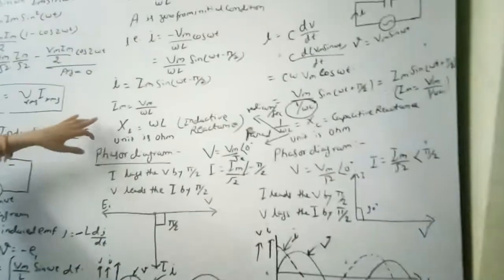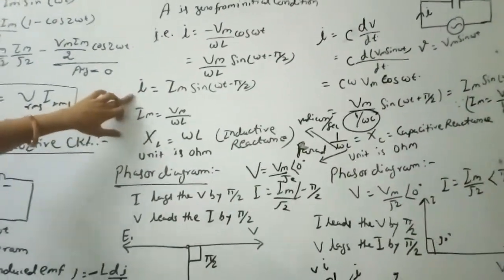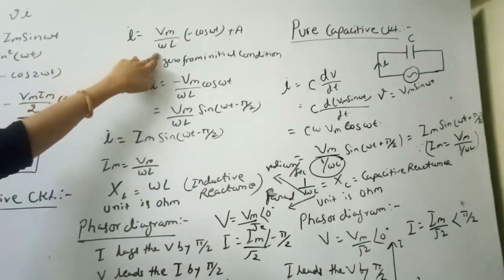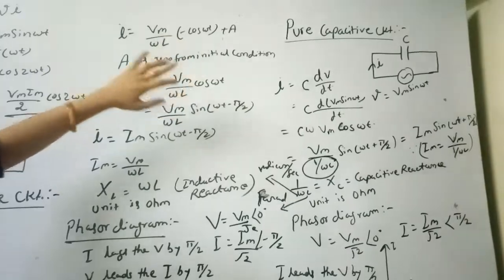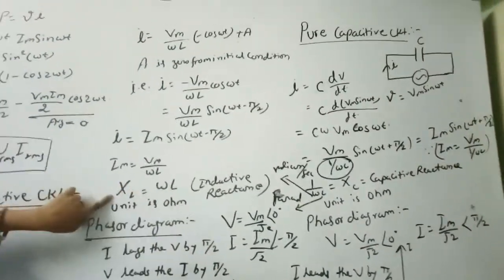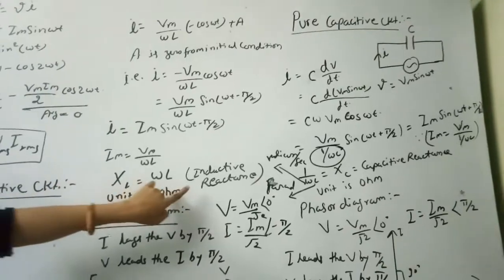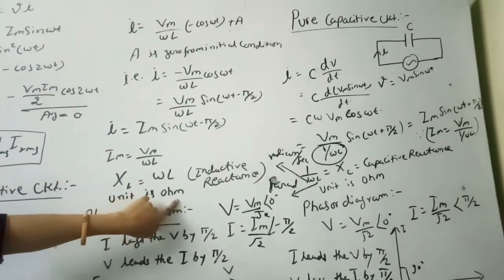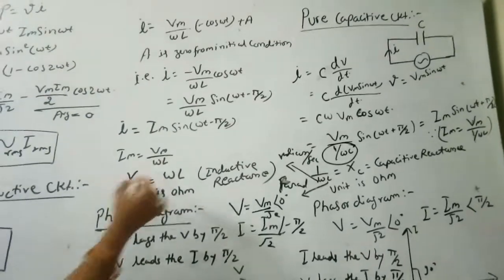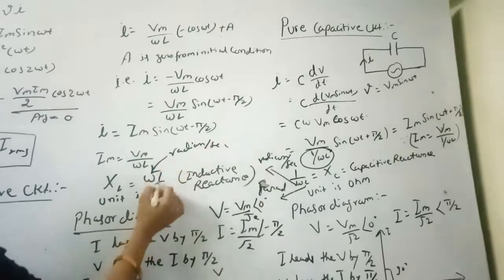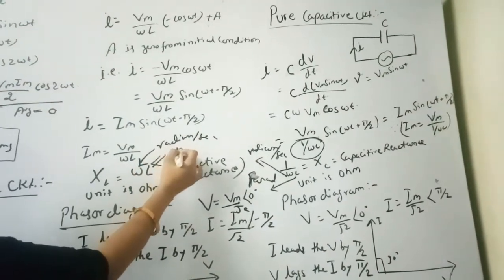Here I have skipped a topic. Here it is coming that I equals Vm upon omega L times minus cos omega t. This omega L is represented as XL and it is called the inductive reactance, and its unit is also ohm, when omega is in radians per second and L is in Henry.